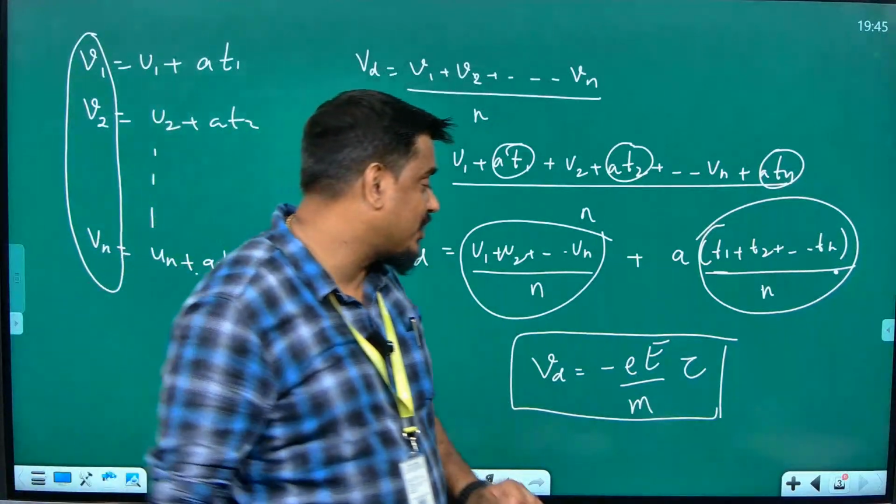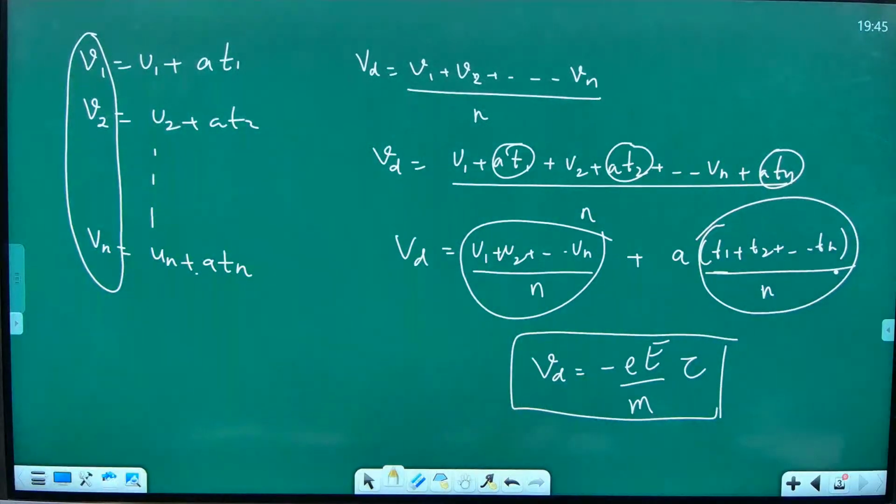So we get the relationship of drift velocity with respect to average relaxation time as minus eE tau by m. Very important for the examinations, where e is the basic elementary charge, capital E is the applied electric field, tau is average relaxation time, and m is mass of the electron.